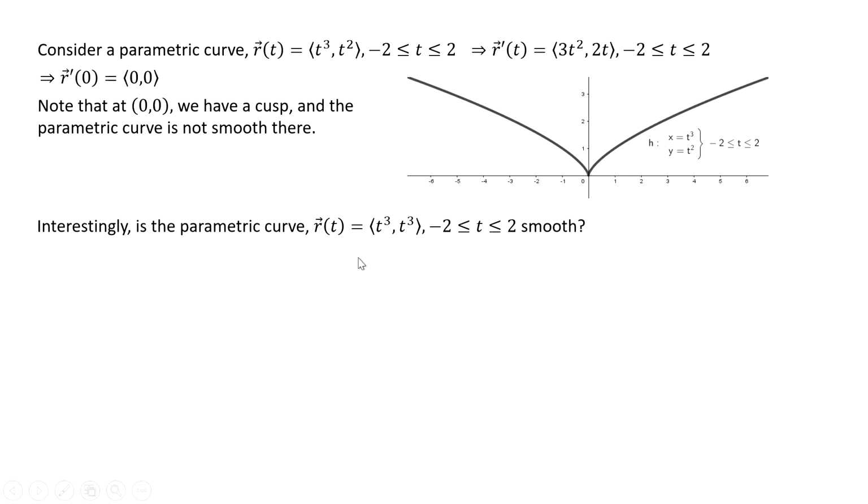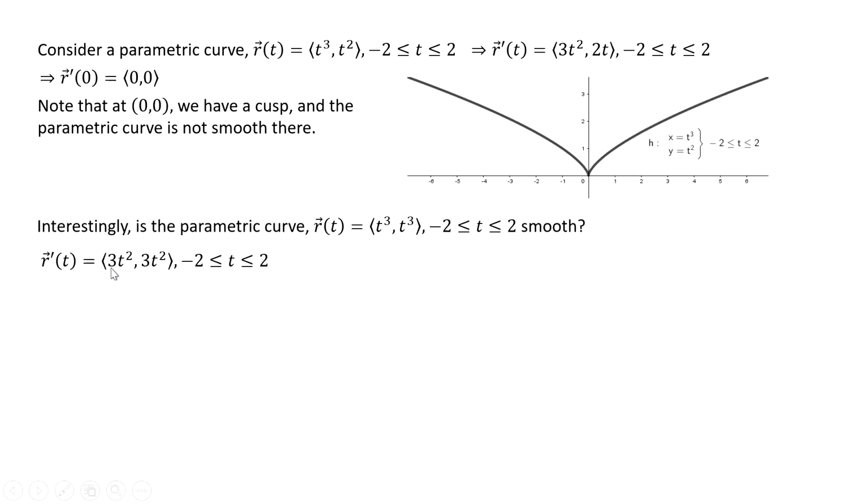Really? Yeah, really. So we could in fact convert, at least in some cases where it's fairly straightforward, a parametric curve to an equivalent y equals f of x or x equals f of y, or some kind of implicit function of x and y, sometimes. All right, so let's see with this one.